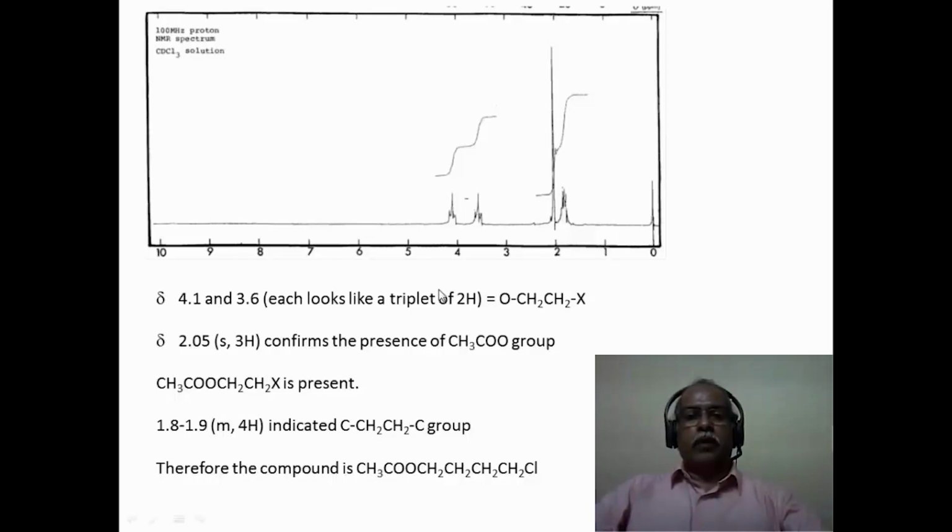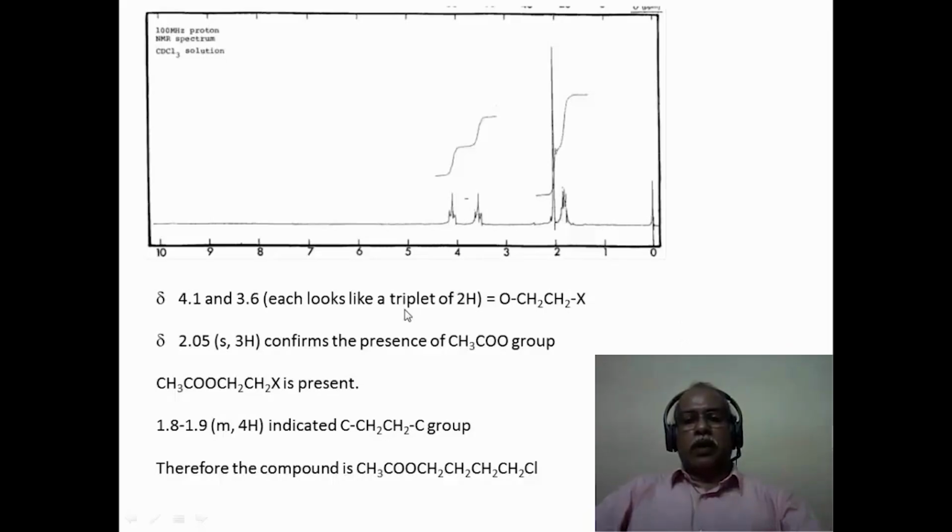The signals at 4.1 and 3.6 each look like a triplet, and it could be because of the presence of an OCH2CH2X kind of functional group. In other words, this CH2 will be a triplet because of the adjacent CH2, and vice versa. They are mutually coupled to each other, so they give you a triplet and triplet kind of pattern in this case.